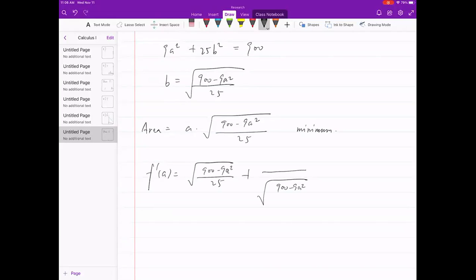You can just copy it. Okay, first I have a. Second, I have this. Number 3, I have negative 18a divided by 25, given by the derivative of the inside. Notice 900 gives you nothing because it's 0 when you take the derivative. So what's left is just this.